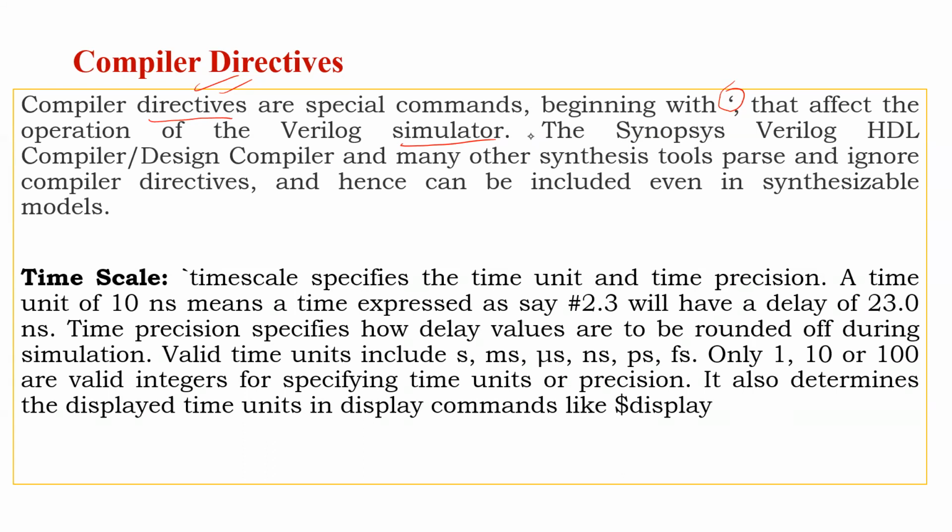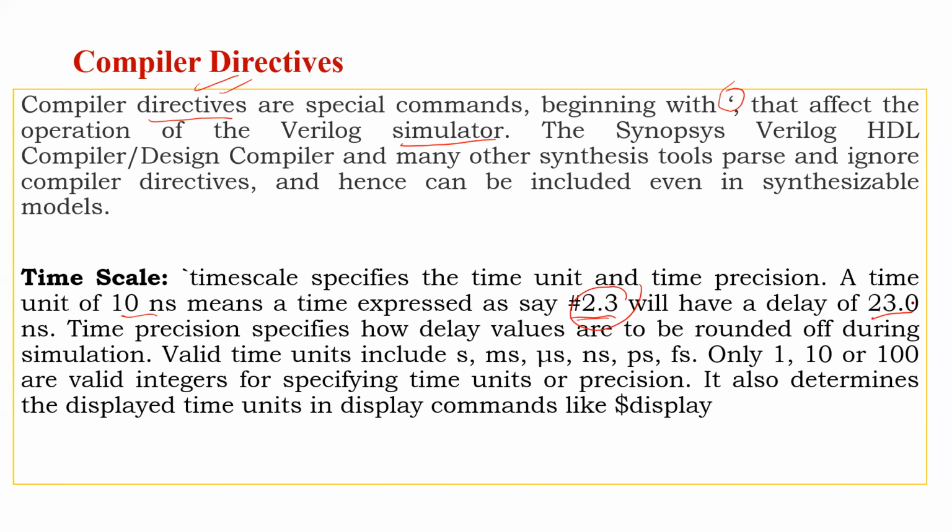Timescale specifies the time unit and the time precision. What is the unit and what is the precision? Precision is nothing but rounding of the values. A time unit of 10 nanoseconds means a time is expressed, say, as 2.3, which can be written in terms of 10 nanoseconds as 23.0 nanoseconds.